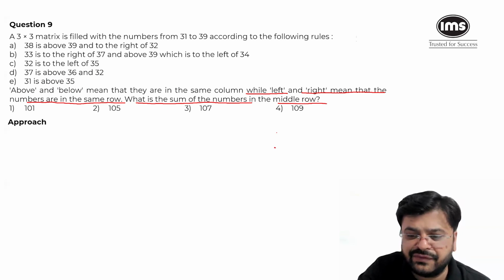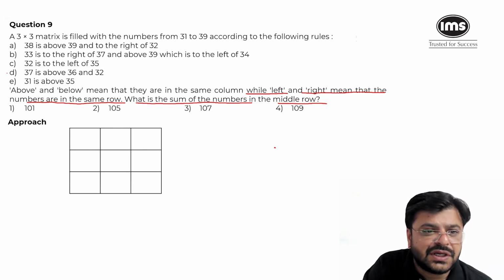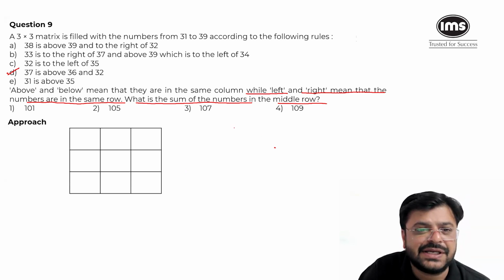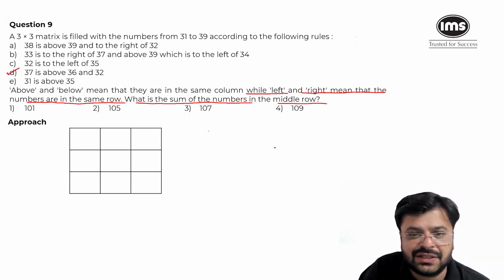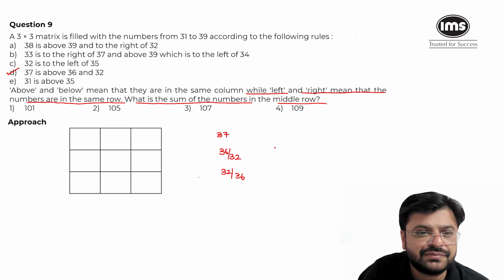So let's create a 3 by 3 grid for this, like this. Now, if you read statement D, it says 37 is above 36 and 32, which means 37 is in the top row and below that we'll have 36, 32 or 32, 36 in any order.